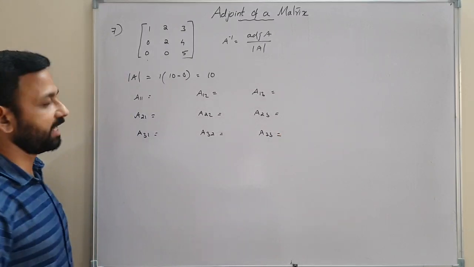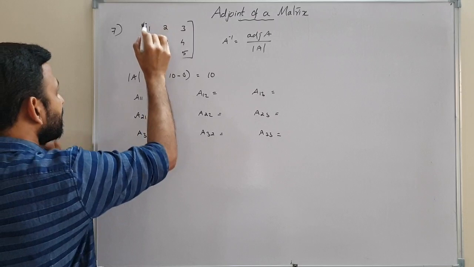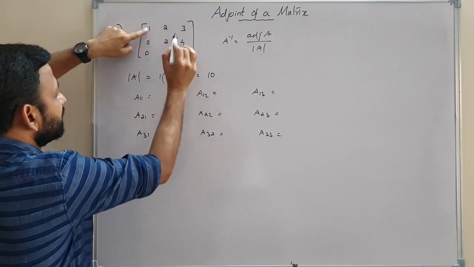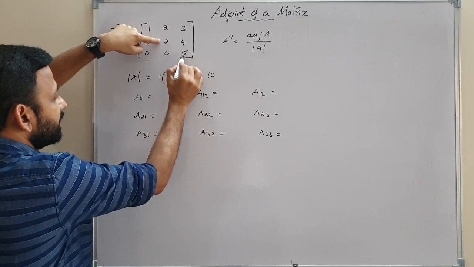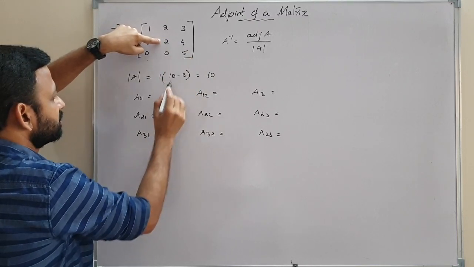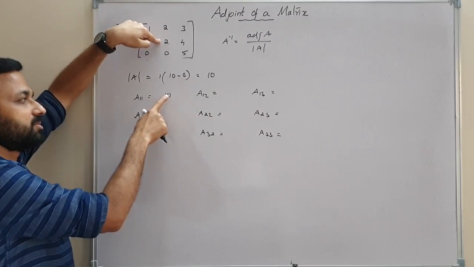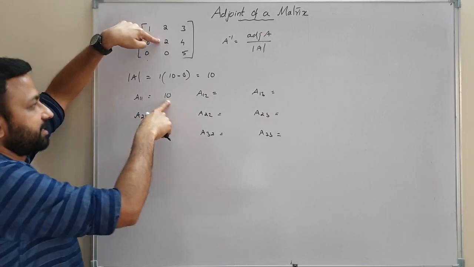So when we find A11, first element, first row, first column, deleting. Then 2 into 5, 10, 10 minus 0, that is 10. And here 1 plus 1 is an even number, so the sign will be the same for the cofactor.